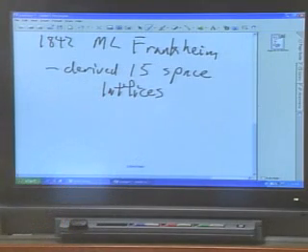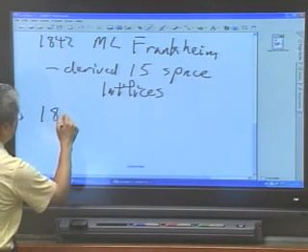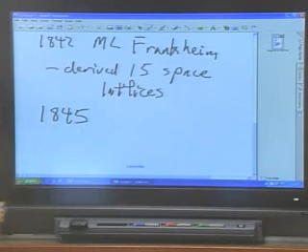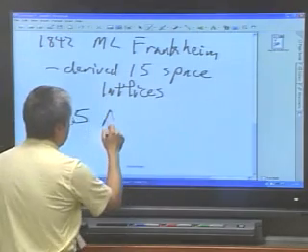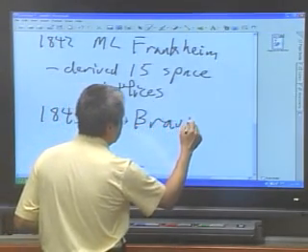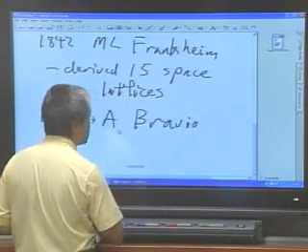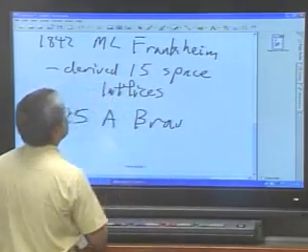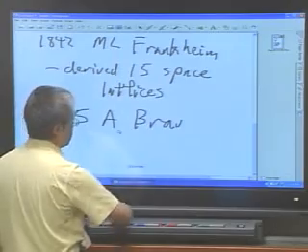Subsequently, 3 years later, in 1845, Bravais, Auguste Bravais, published another paper, and the only thing that he did in his paper was that he showed that two of the lattices that Frankenheim had derived were equivalent.